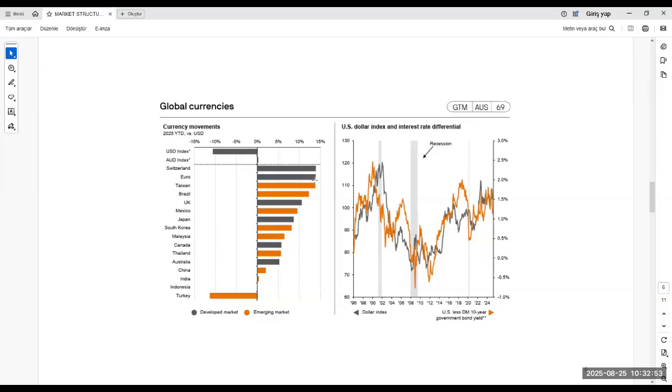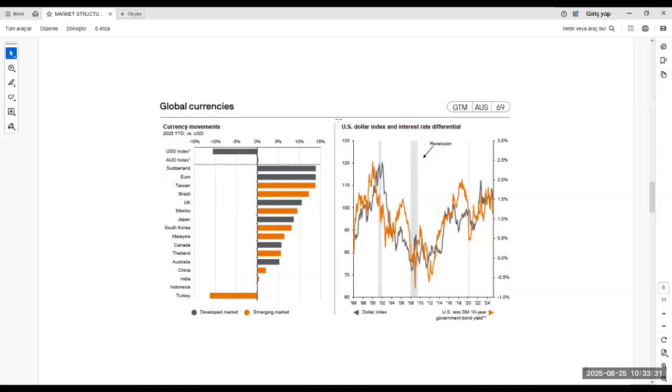The Trump administration declared to the rest of the world that we don't want a strong dollar. So we will decrease interest rates, we will put lots of tariffs and trade barriers throughout the world because we want to run a current account surplus, and we will need a weak dollar, not a strong dollar. After this declaration, the Swiss franc and the euro got a huge appreciation against the United States dollar. Except Turkey, almost all economies are gaining strength against the United States dollar.